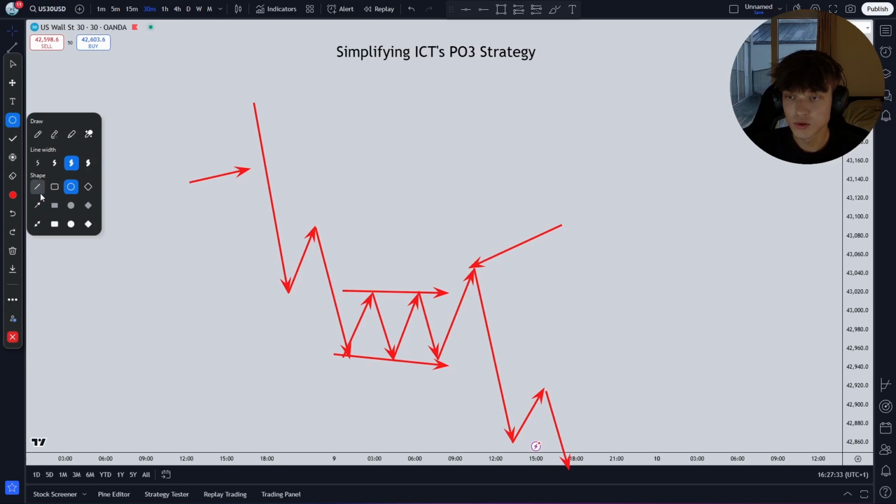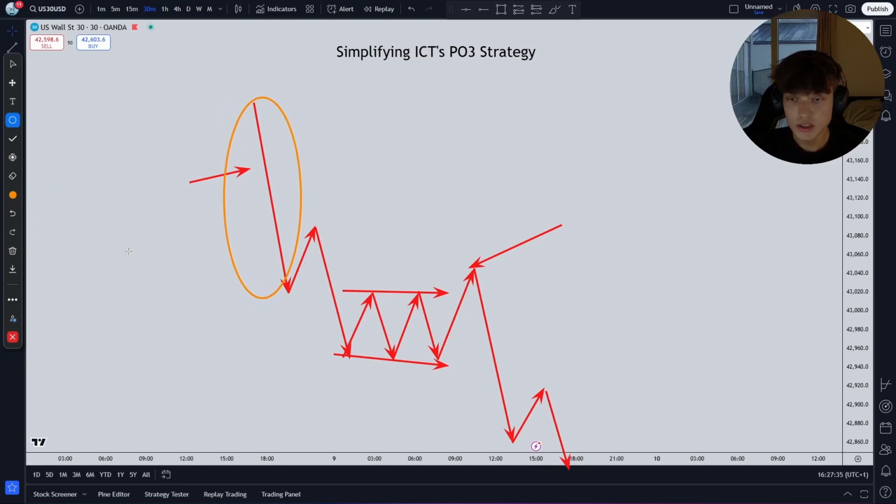Let's make some drawings right here. Continuation, let's make this green, consolidation, yellow, liquidity right here. There are 3 phases in the markets, and it moves like this every single day, so keep that in mind.